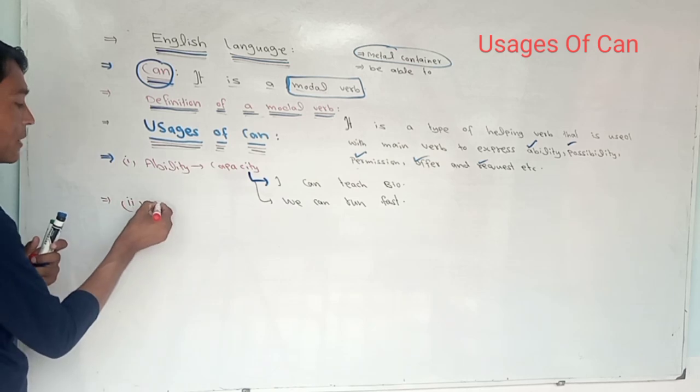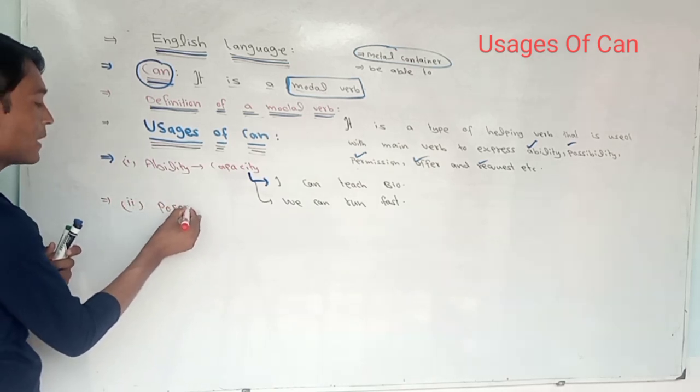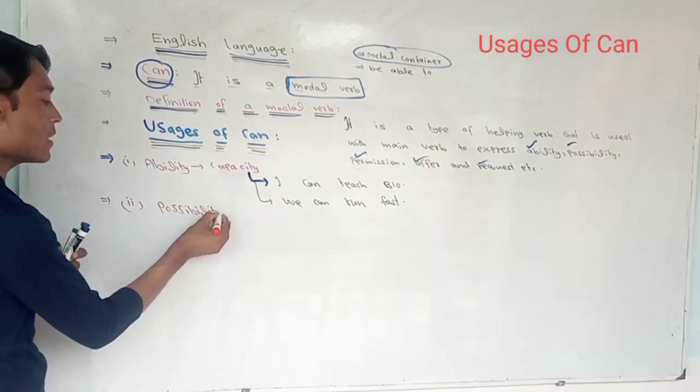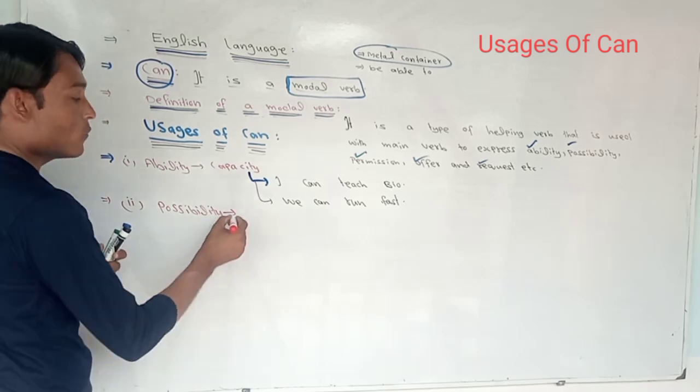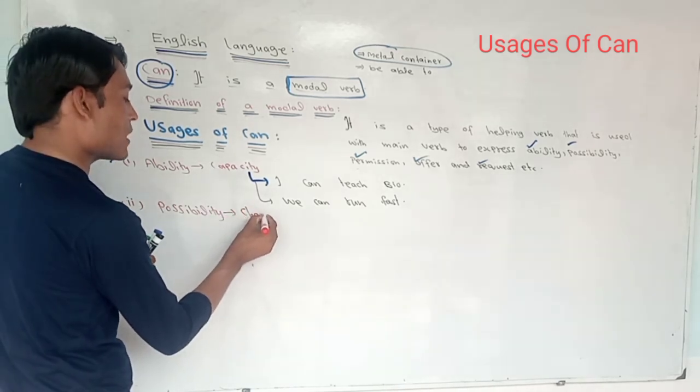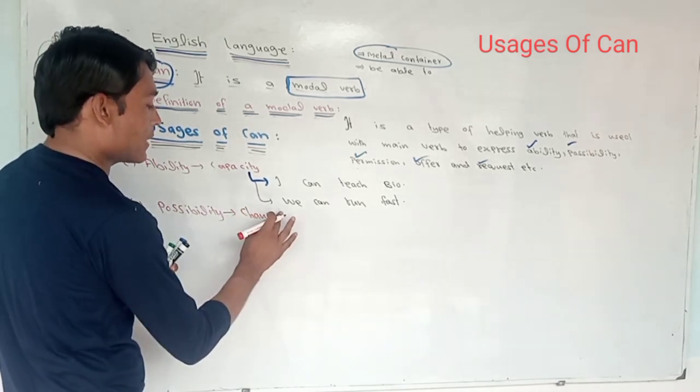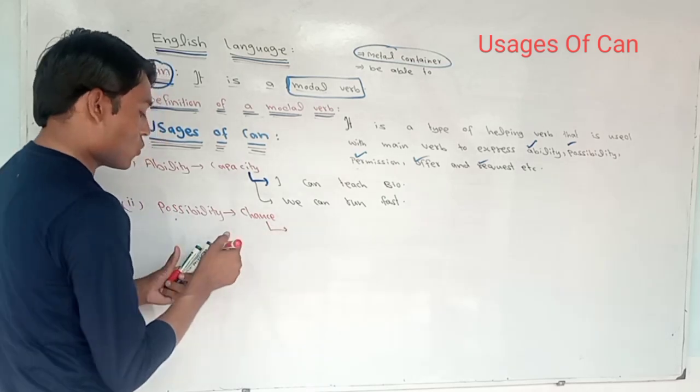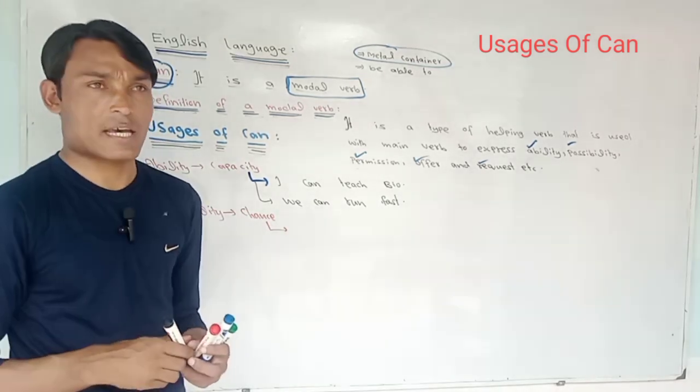We call it possibility. Possibility here means chance. For example, I say smoking can cause cancer.